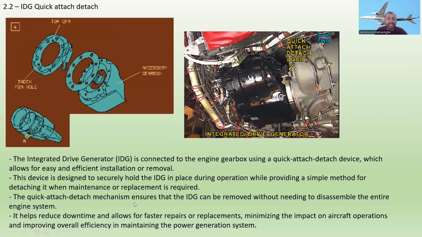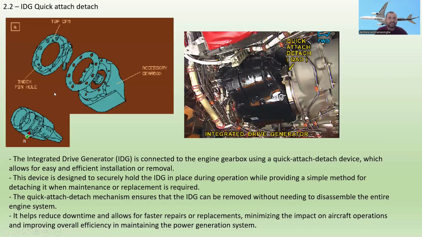The mechanism ensures that the IDG can be removed without disassembling the entire engine system. It's very easy. So it helps reduce downtime and allows for faster repair and replacement, minimizing the impact on aircraft operations and improving overall efficiency in maintaining the power generation system.